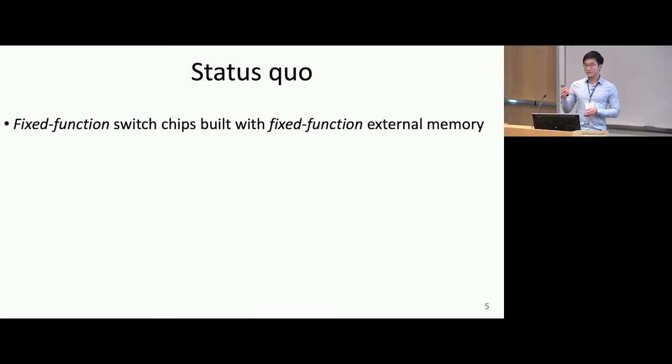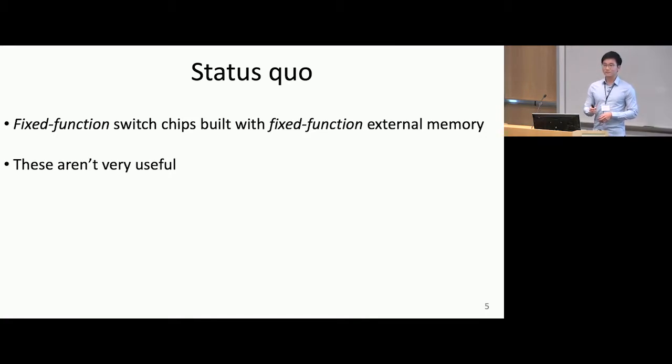Such chips access external DRAM located on the same switching board through numerous DRAM modules and controllers installed within the chip. However, this approach is very limited, so it's not that useful in practice.